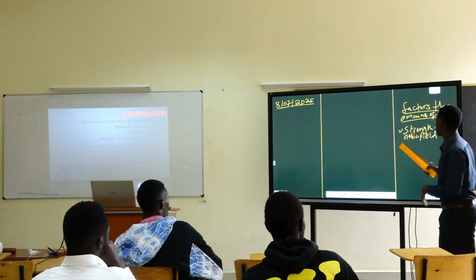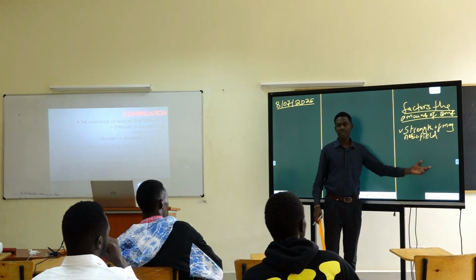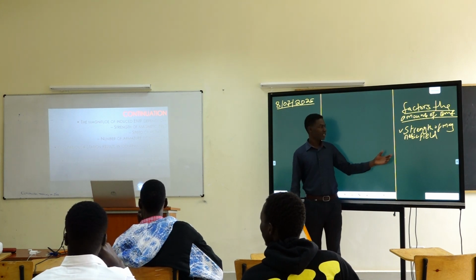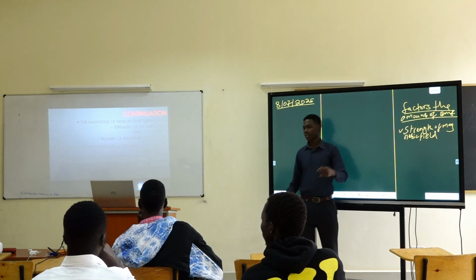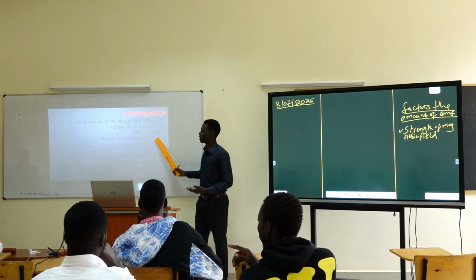What happens when the strength of the magnetic field is increased? We have seen that the amount of the EMF will increase. The other factor is the number of armature conductors. There are some that have more than two, others have one.